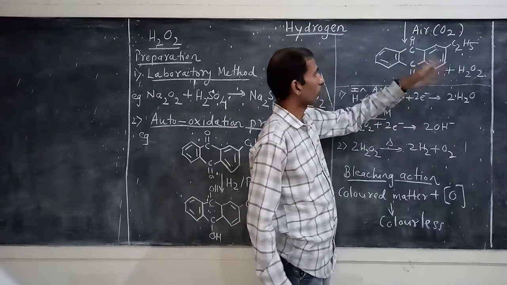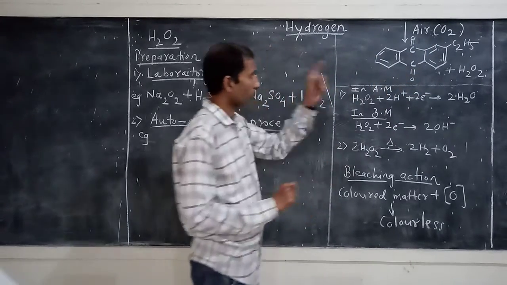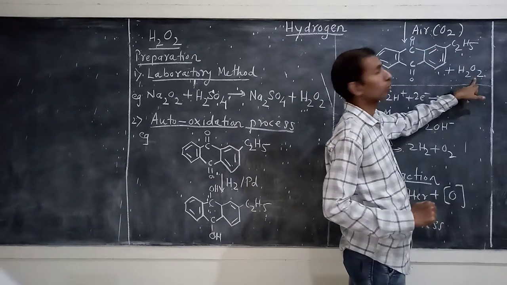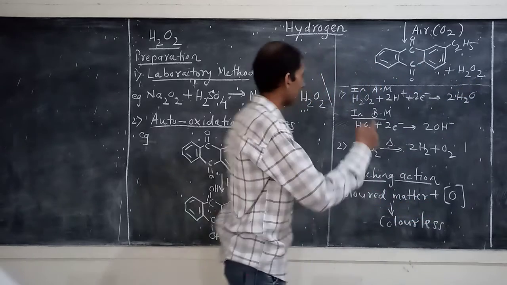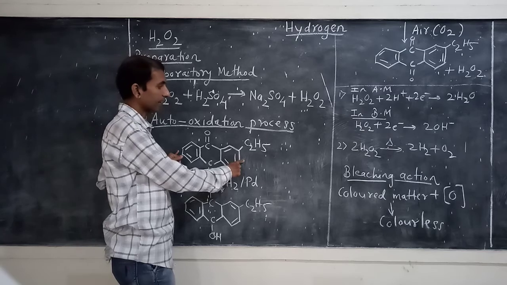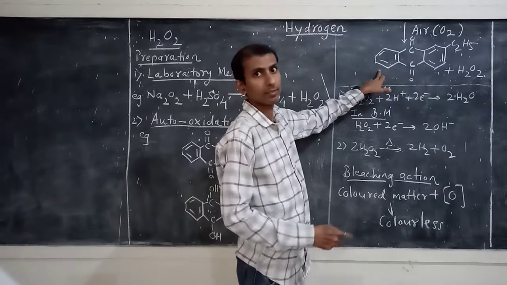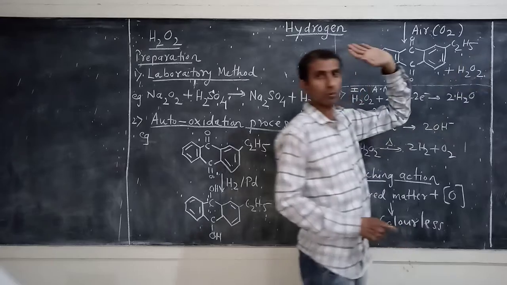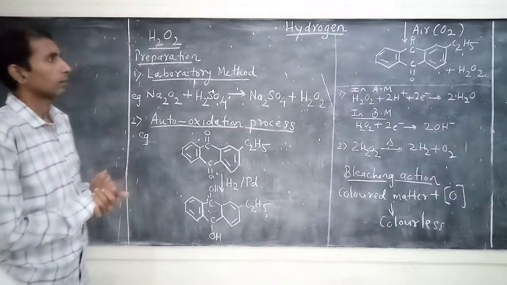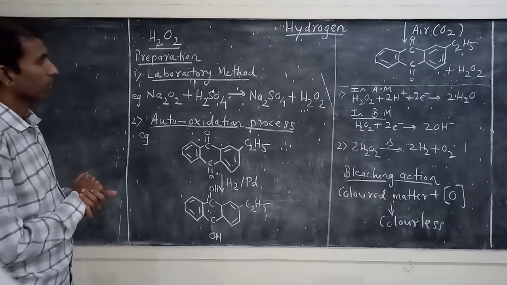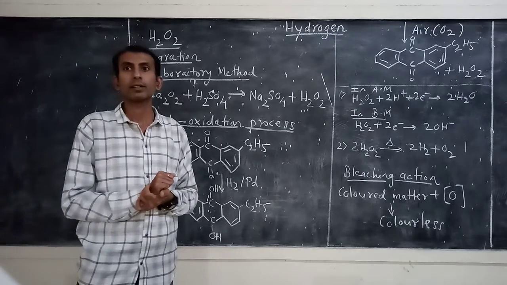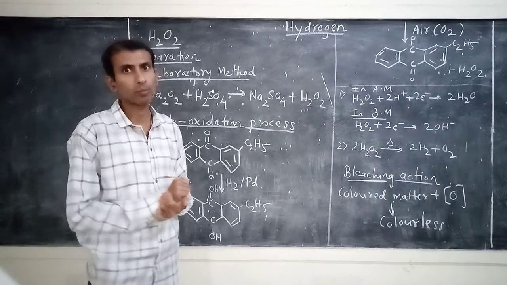Both hydrogens are removed from here. These two hydrogens which are removed from here, and these two oxygen will form H2O2. Okay, and we are obtaining the starting reactant back. So these are the two methods in which you can prepare hydrogen peroxide, okay, which is a very important class of compound obtained from hydrogen.